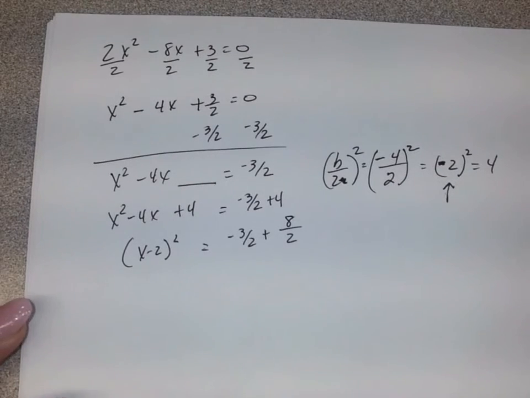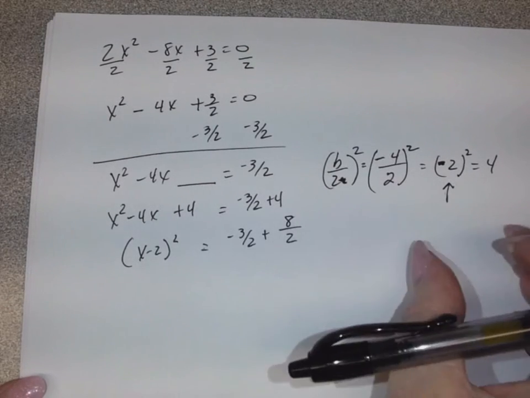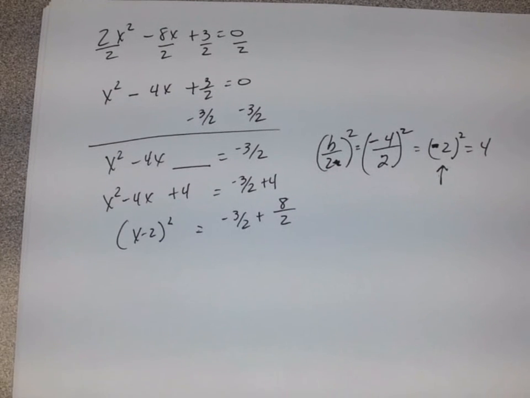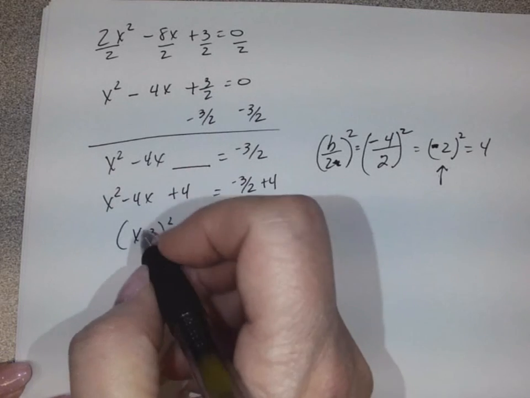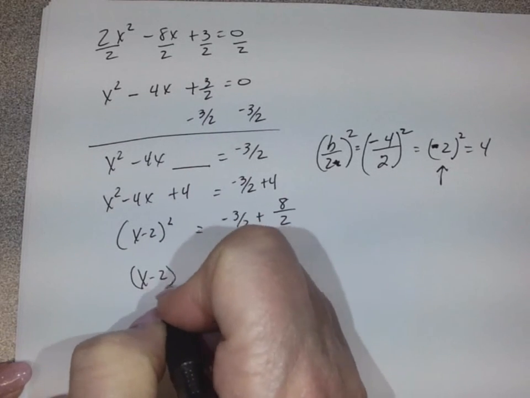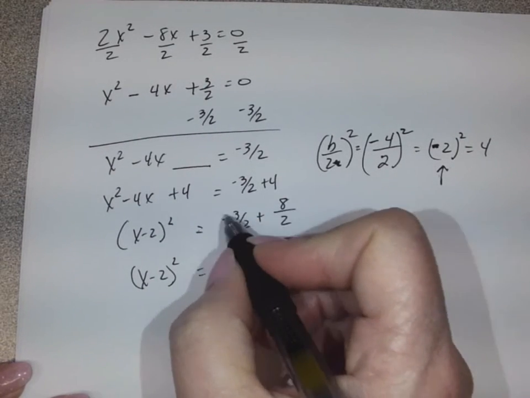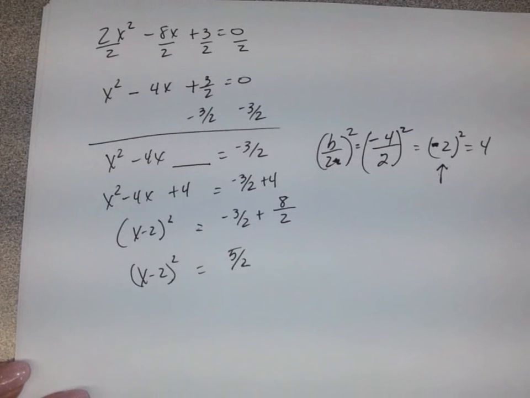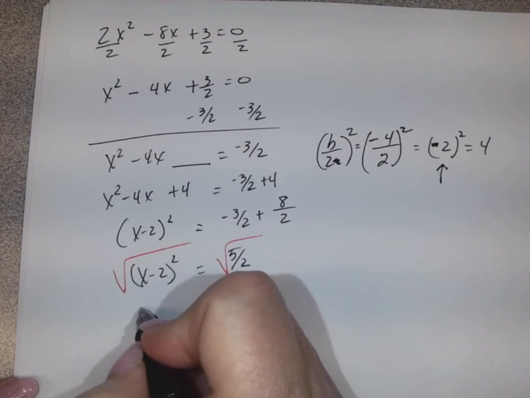I know in the last problem we kind of did it off to the side, but I'm just showing you options of the way you can work it. So we have x minus 2 squared equals 8 minus 3, which will get us 5 halves. And again, we'll take the square root of both sides. We have x minus 2 is equal to plus or minus the square root of 5 halves.